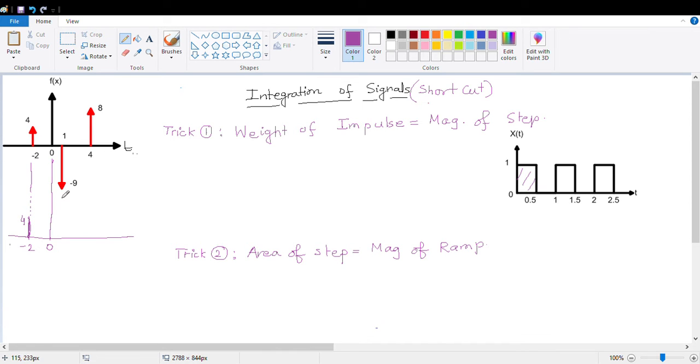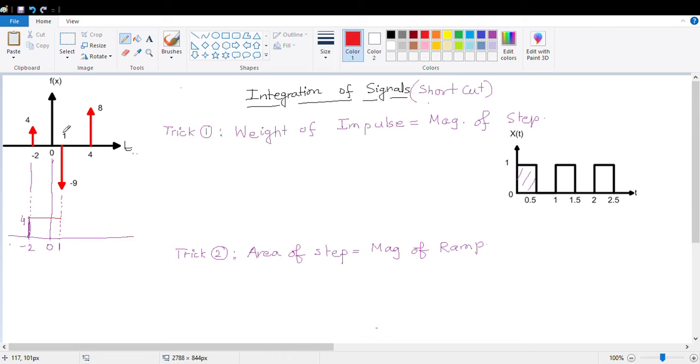We get the next signal at +1. So this is my +1. This signal will be continued up to +1. Now what is the magnitude you are getting now? This is -9, and on the above side, this is 4. So what is the resultant value?